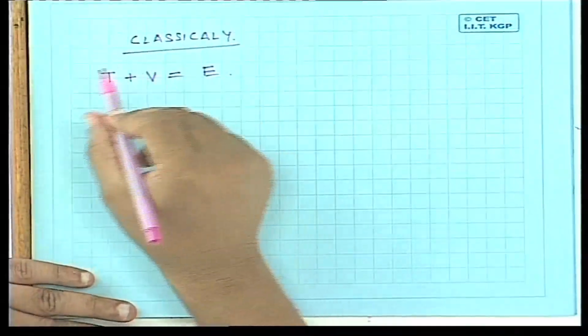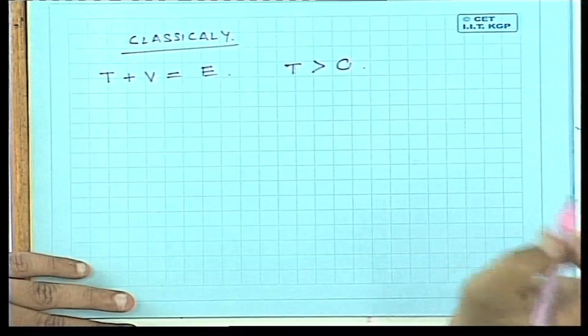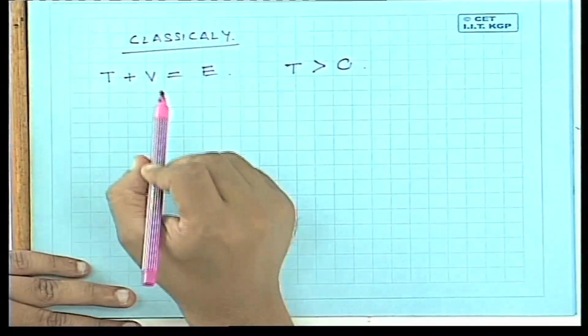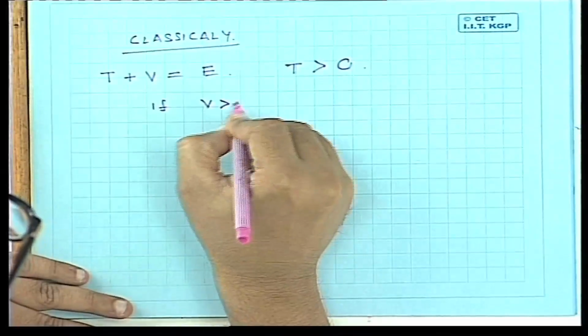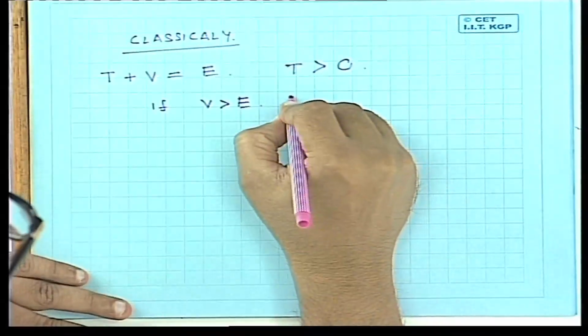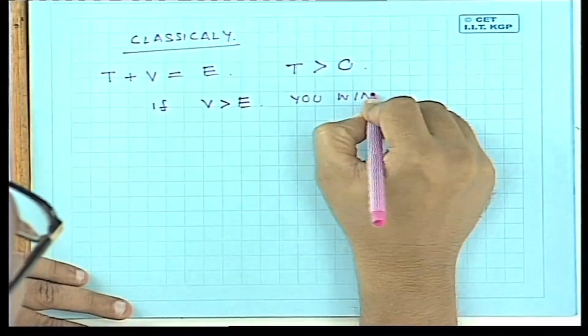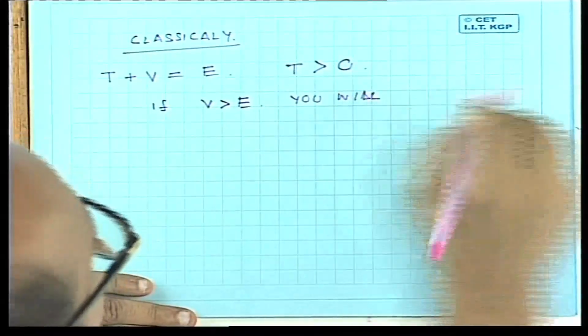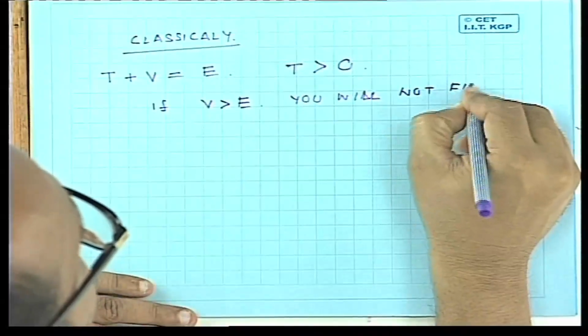The kinetic energy has to necessarily be positive because it is half m v squared, and v is a real quantity, so kinetic energy is necessarily greater than 0, which implies that classically if V is greater than E, you will not find the particle there in that position.